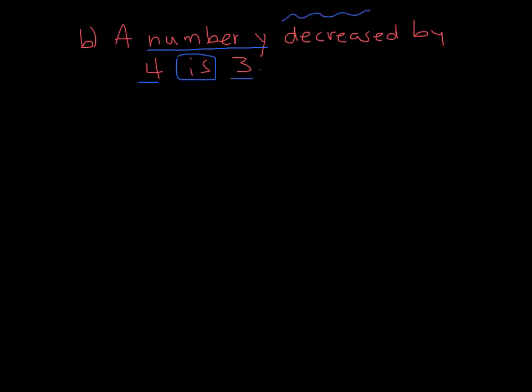We need to know that the word decreased is telling us to subtract, okay? So number y decreased by 4 is 3. Notice how exactly how I read that is exactly how I wrote it. A number y decreased by 4 equals 3.